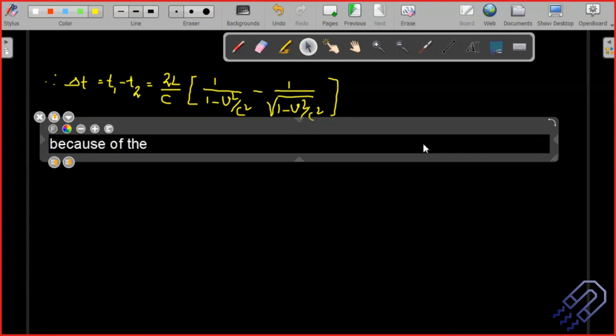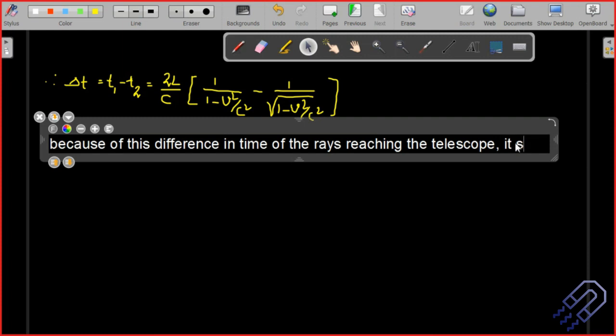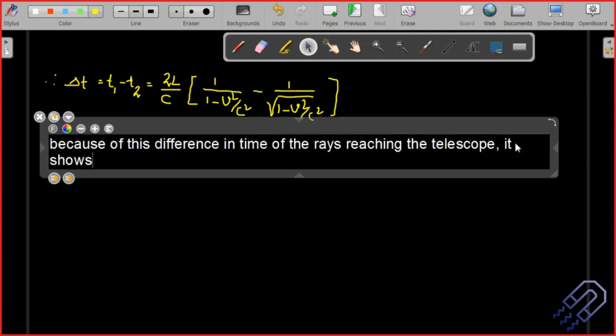Because of this difference in time of the rays reaching the telescope, it shows a fringe pattern. It's very important. This is something you should already know, so we are not going to explain that much.